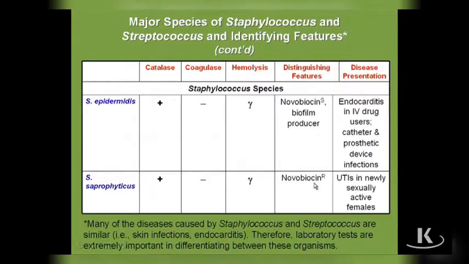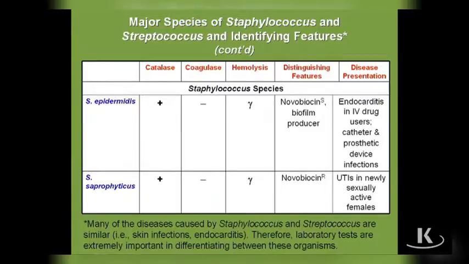Now, the only way I think they could make that clinically relevant would probably be in the case of maybe a UTI. But even so, typically Staph saprophyticus causes uncomplicated UTIs, usually in younger women who have just recently become sexually active.